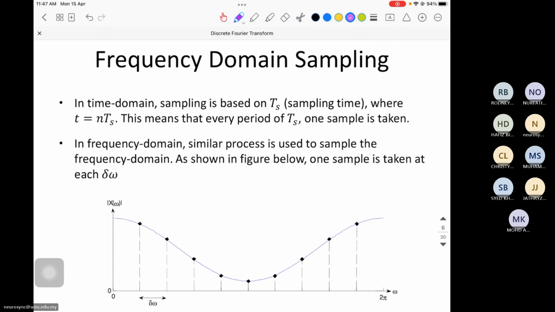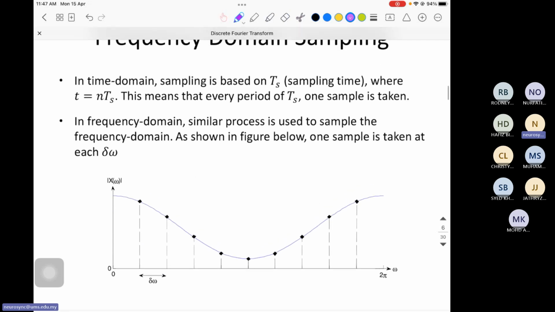Now this is frequency domain sampling. In the frequency domain representation, we have omega on the x-axis, and on the y-axis it may be anything, like the magnitude of X of omega, the angle, or the magnitude in dB, or power or energy.